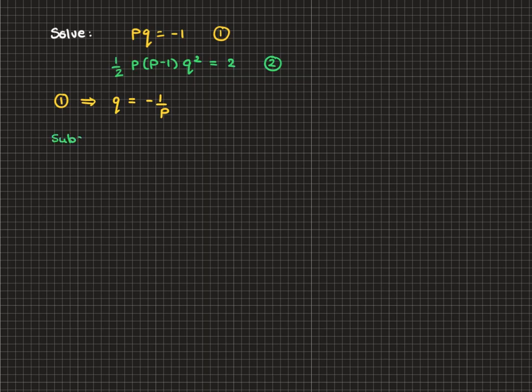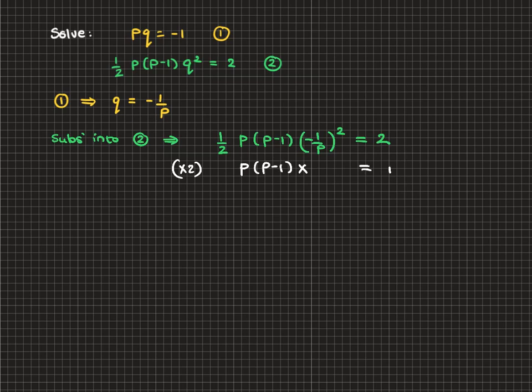So we're going to substitute this into equation 2, which tells me I've got a half (p minus 1) multiplied by q squared, which is (negative 1 over p) all squared, and this equals 2. Let's simplify this. I'm going to multiply both sides by 2, which will simplify the left-hand side a little bit.